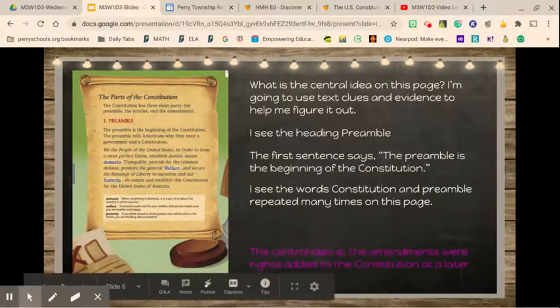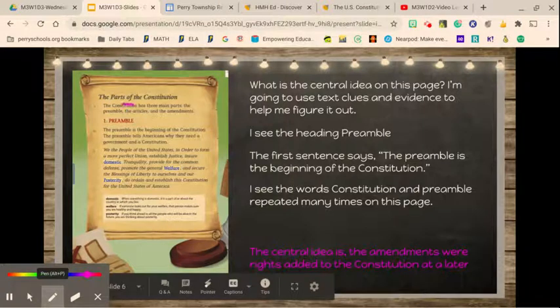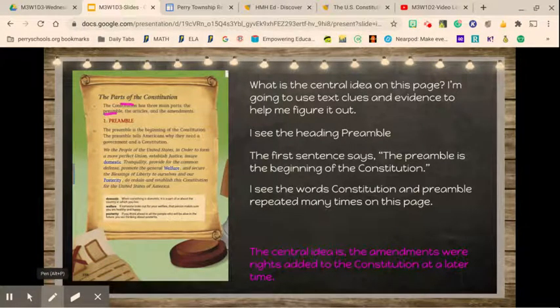I see the words Constitution and preamble repeated so many times on this page. So if I look at it, I see Constitution right here, preamble, Constitution, and then I see Constitution again down here. So I'm thinking that because I see that so many times, those words are probably a big part of the central idea. So I came up with this main idea or central idea.